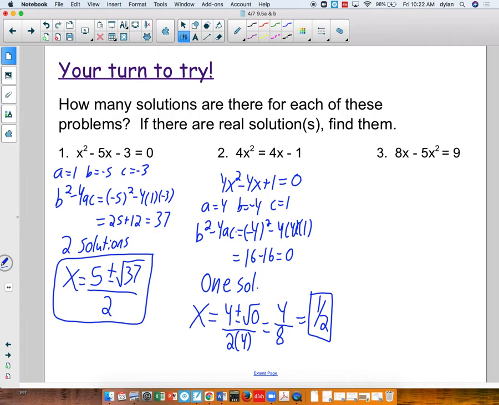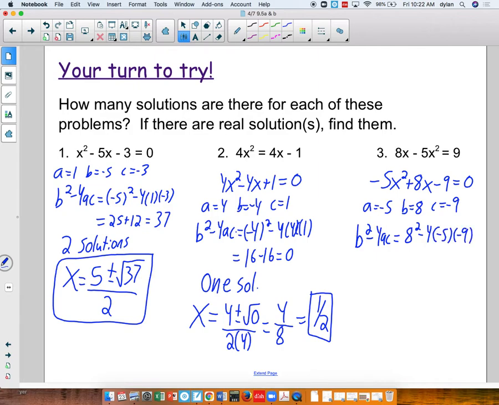So then finally for number 3, again, we put it in standard form, so negative 5x squared plus 8x minus 9 equals 0. And then we know that a is negative 5, b is 8, and c is negative 9. So when we find our b squared minus 4ac, we're going to have 8 squared minus 4 times negative 5 times negative 9.